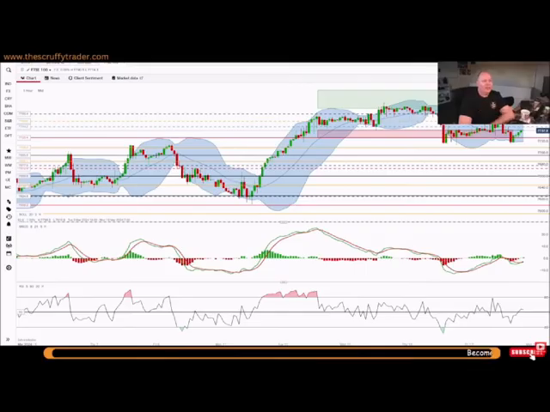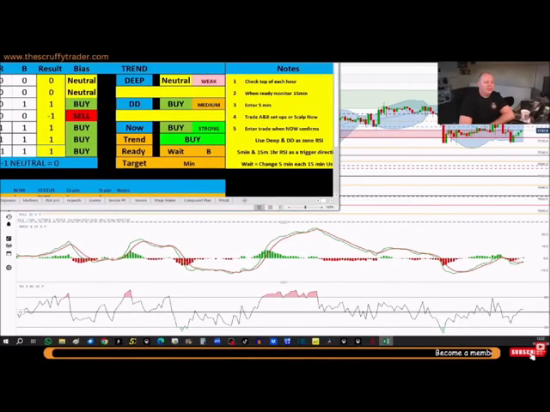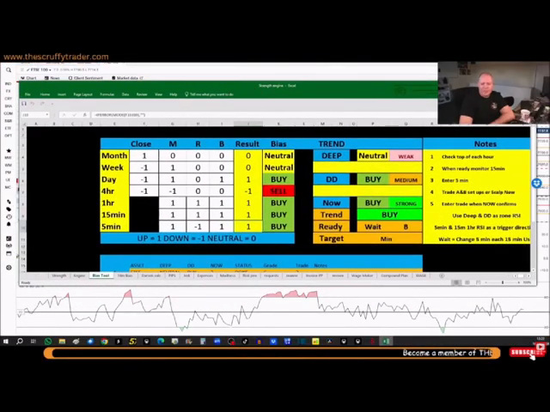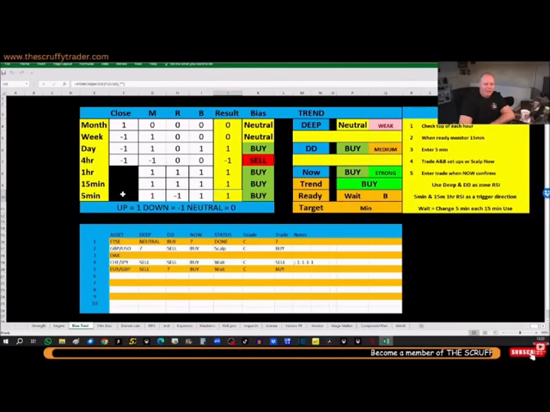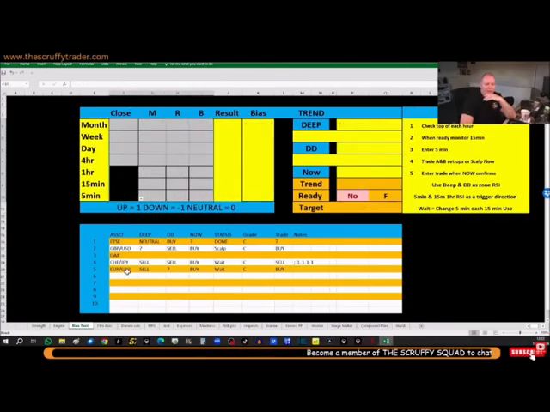Now the bias tool that we've been using, if I pull this into shot, is this one. Okay, now what it's essentially trying to achieve all the time is an average of what's going on.